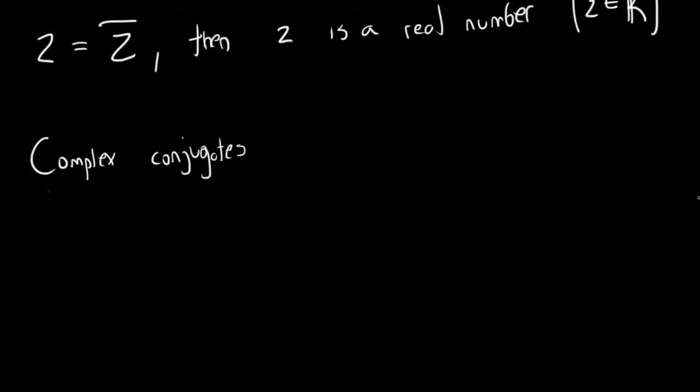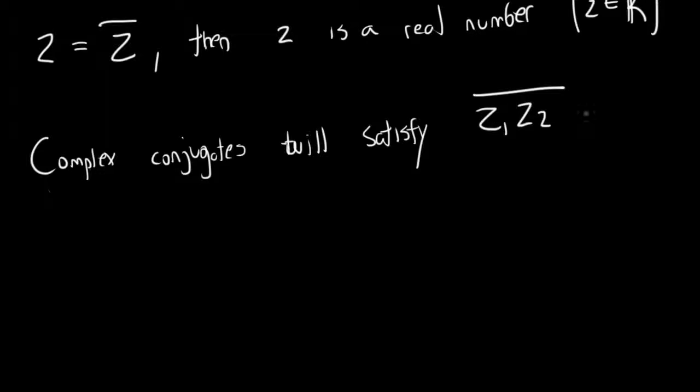So one last thing we will end off with. If z is a complex number, then it will satisfy that if we were to have the conjugate of z1 and z2, that would be the same as them being individual. So if we were to multiply z1 by z2 and then take the conjugate, it's going to be the exact same thing as taking the individual conjugates and then multiplying them for complex numbers.